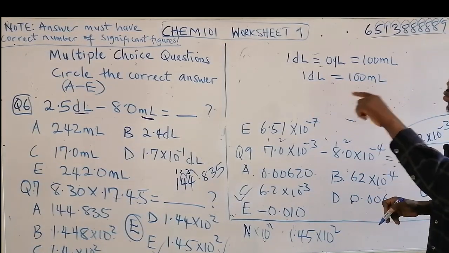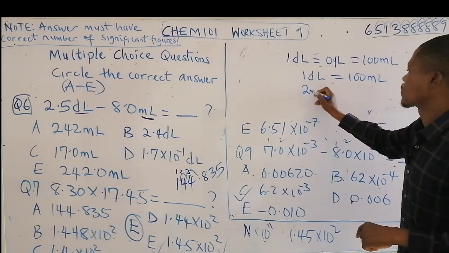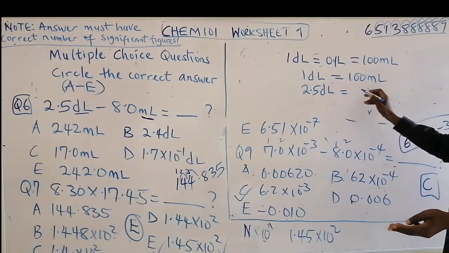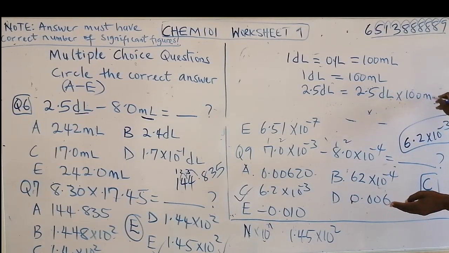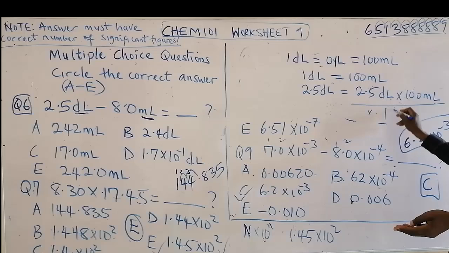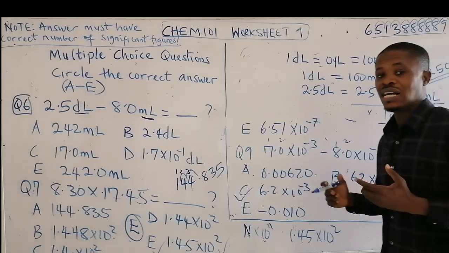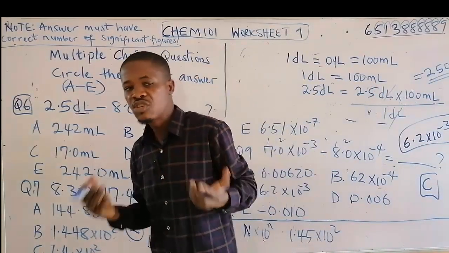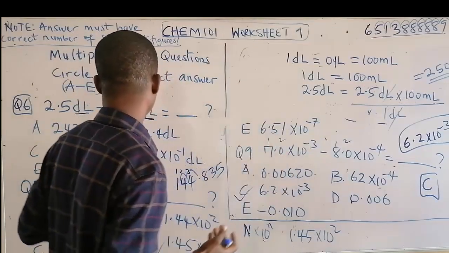Then we can convert the 2.5 DL, and that will be equal to 2.5 DL times 100 milliliter all over 1 DL. So this will cancel, and that will give us 250 milliliter. So 2.5 deciliter is equivalent to 250 milliliter.